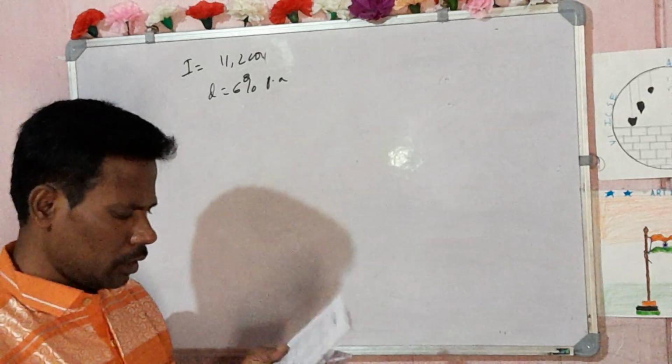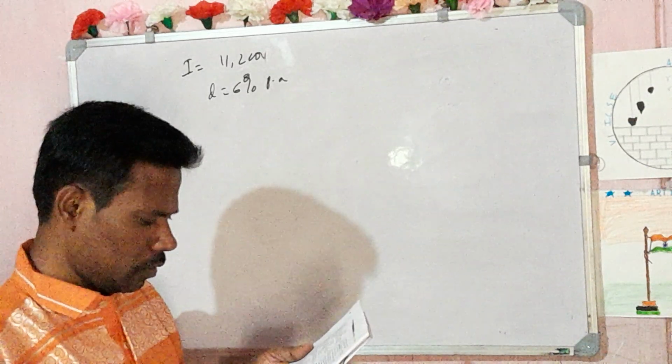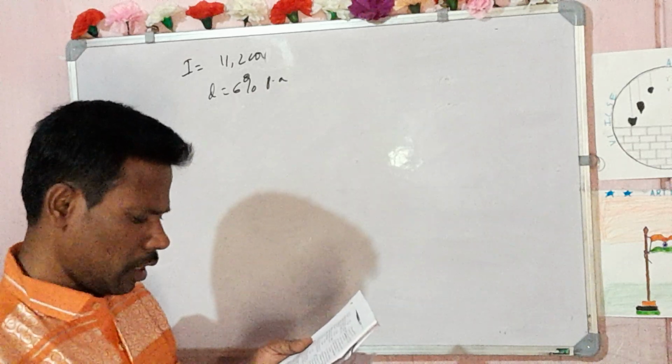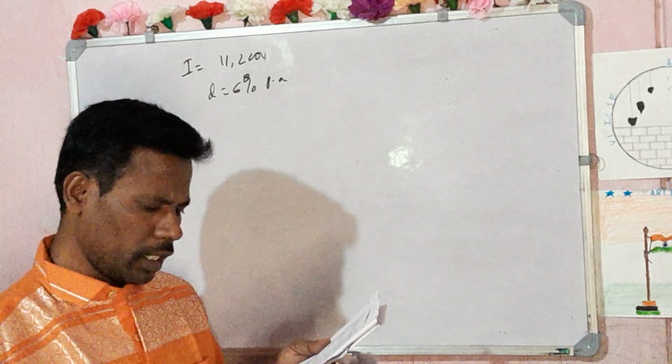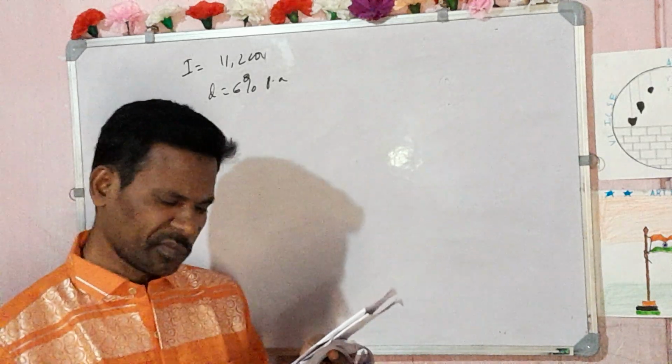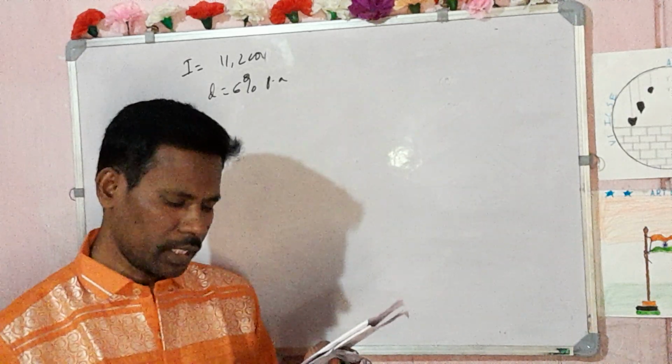What else is it asking? When its share of 100 rupees can be bought for rupees 140, find his annual dividend.